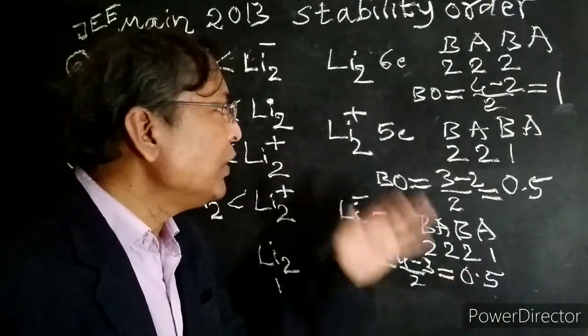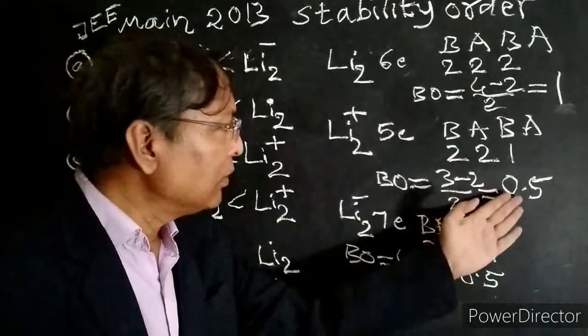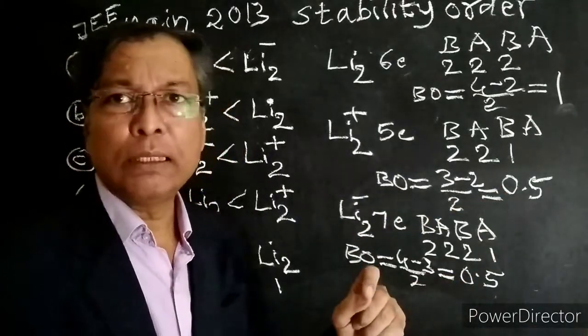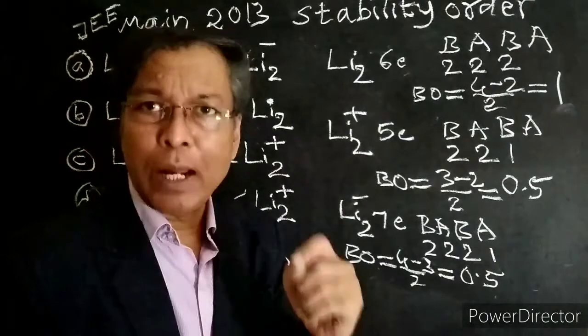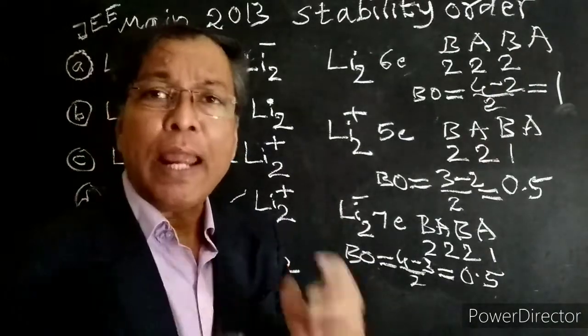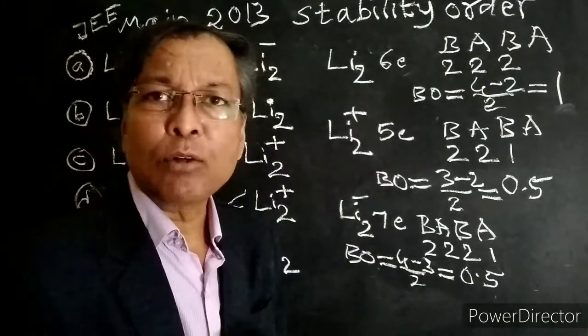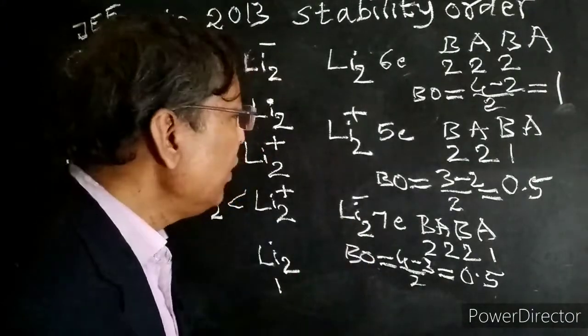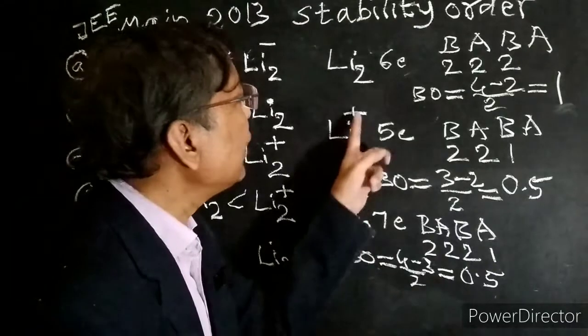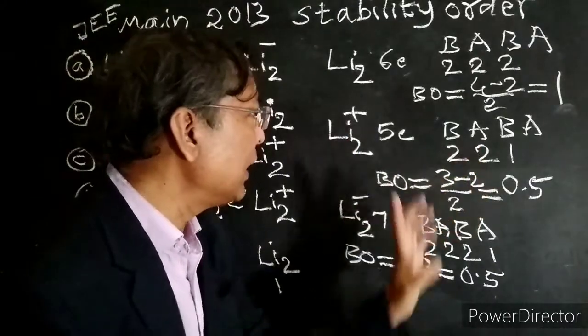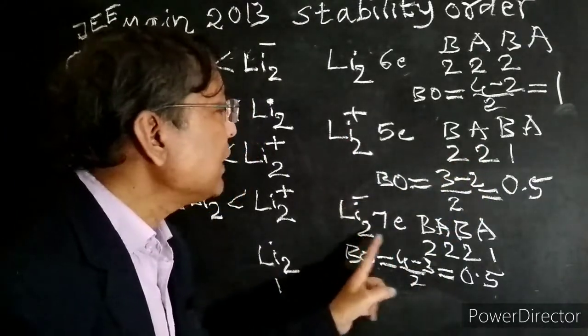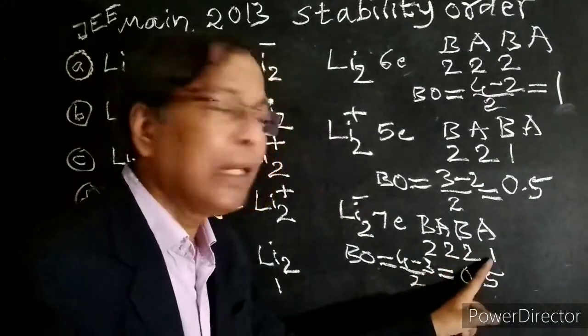Then how to decide which one is more stable? To decide which one is more stable when the bond order is the same, we have to consider the number of anti-bonding electrons. The molecule having higher anti-bonding electrons is less stable. If you observe here, Li2+ has 2 anti-bonding electrons and Li2- has 3 anti-bonding electrons.